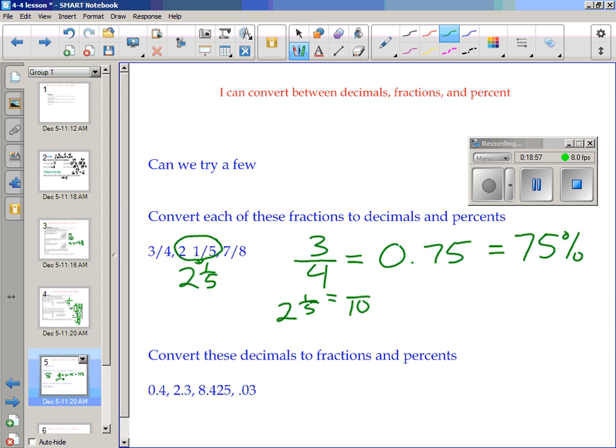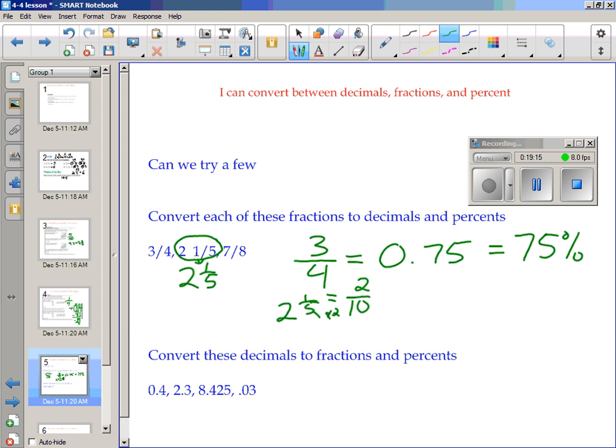Who said 2? Explain why. It is 2, because whatever you do to the bottom, you have to do to the top. And that's how we make equivalent fractions.